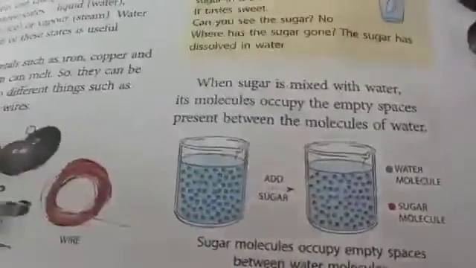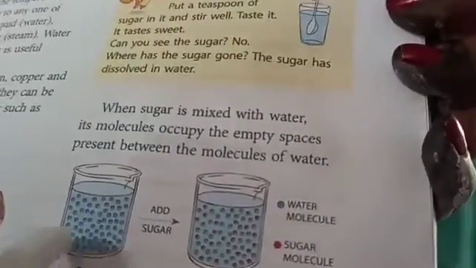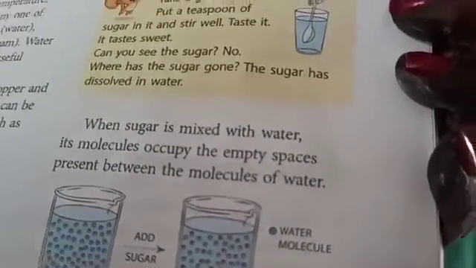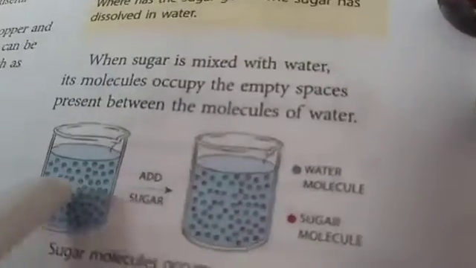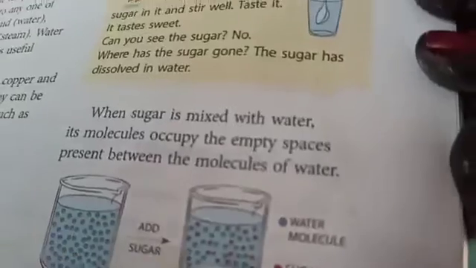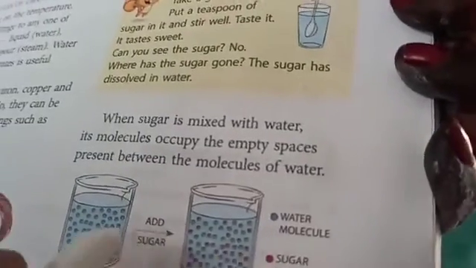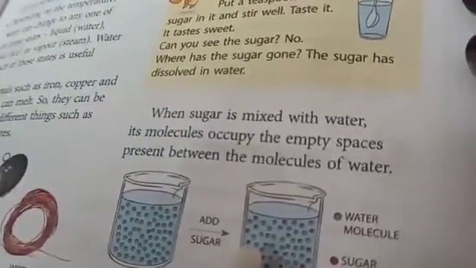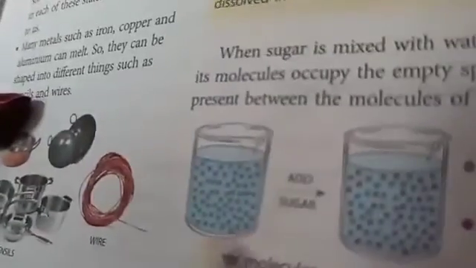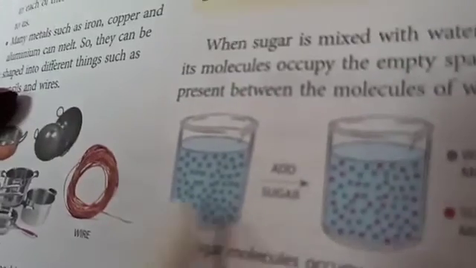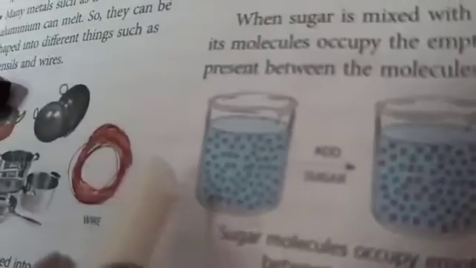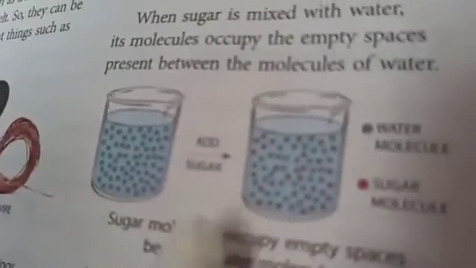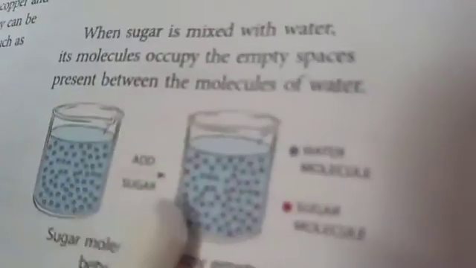The blue color are water molecules and the red color are the sugar molecules. Yes or no? You are seeing now. So here the sugar molecules occupy the empty spaces between the water molecules.